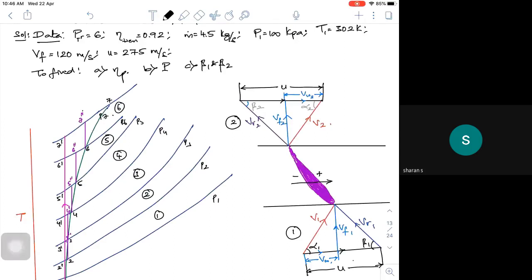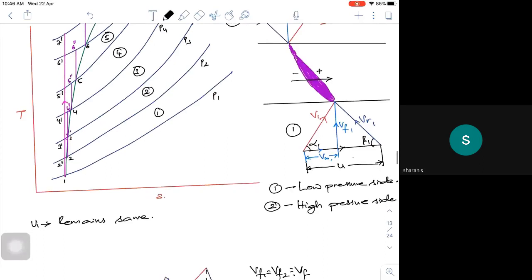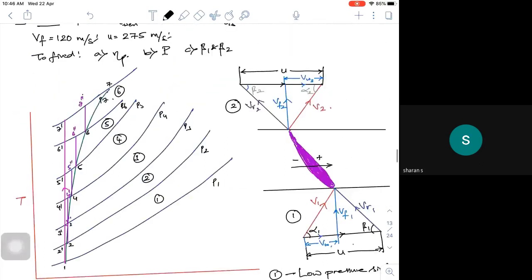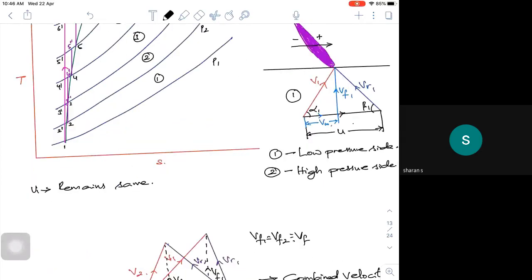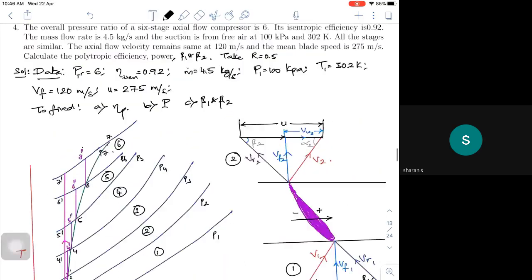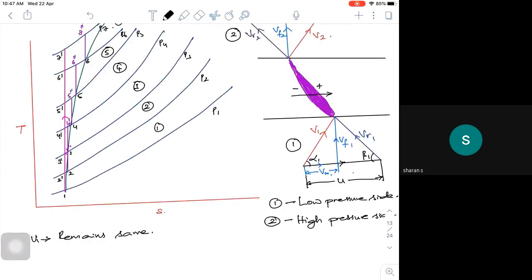Consider Vf, which is 120 meters per second, and U is 275. Vf1 and Vf2 are both the same. Alpha 1 and the like are not given. So if I want to calculate beta 1, tan beta 1 is Vf divided by (U minus Vw1).